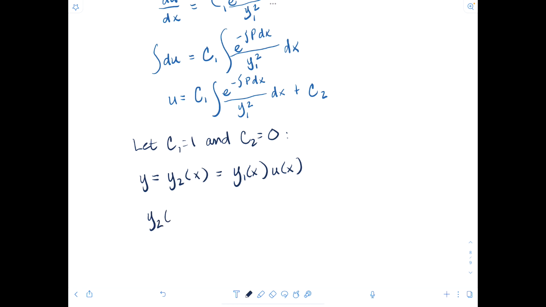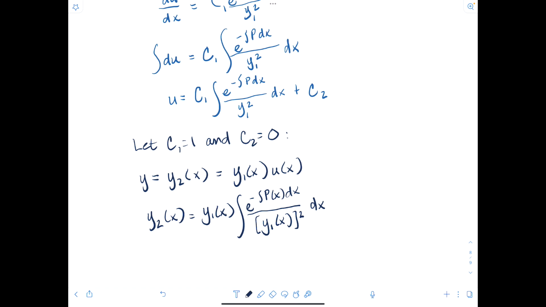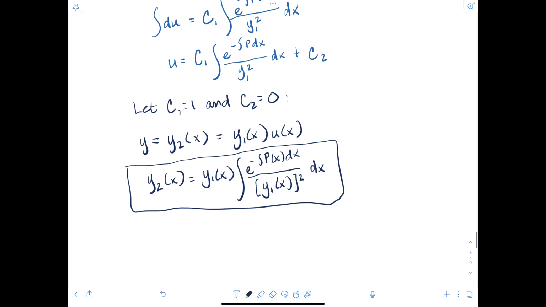So y2 at x will be equal to y1 at x times the integral of e to the negative integral of p at x dx over y1 at x squared with respect to x. So here's a cool, groovy formula a person can use instead of crunching it out like we had done before.